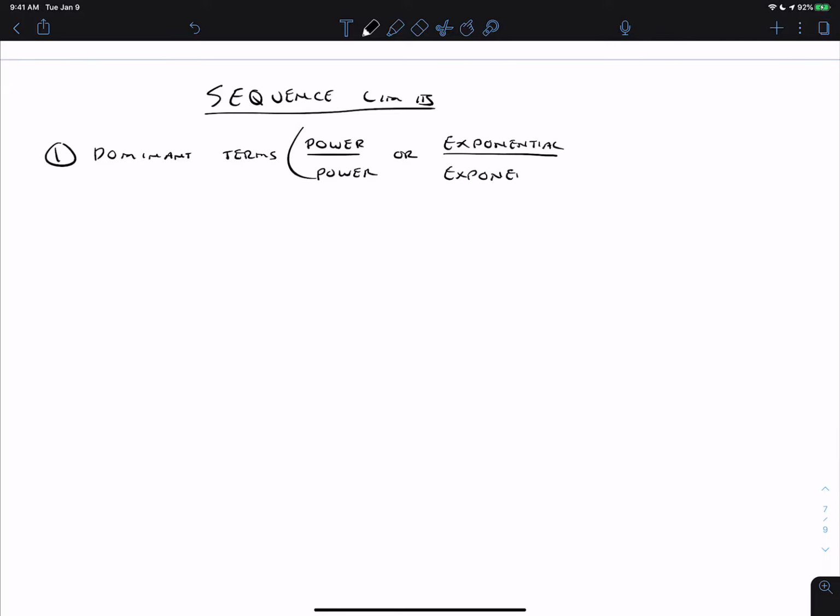Remember, power functions are when you have x to a power. Exponential functions are when you have a number to the x. Those problems were in the first video on sequence limits.